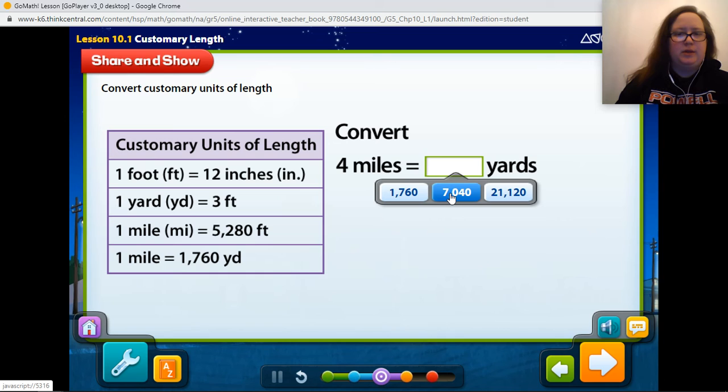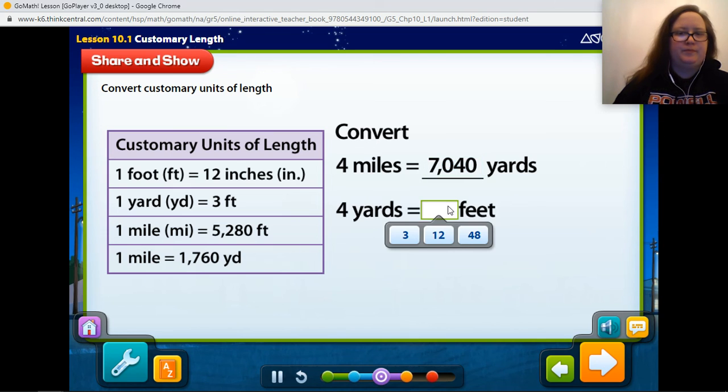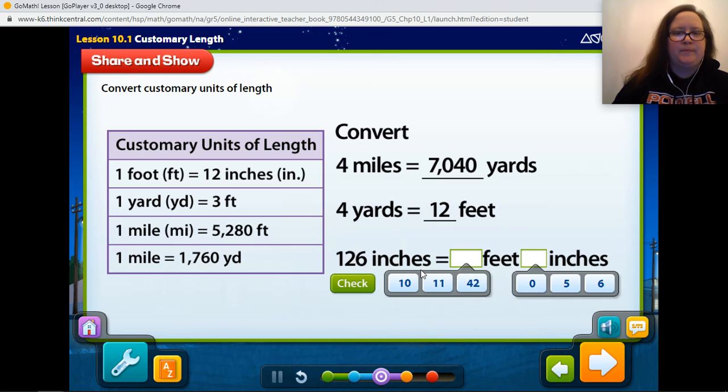So it's going to be 7,040. Great job! 4 miles is equal to 7,040 yards. Now, how many feet are in 4 yards? Well, there are 3 feet in 1 yard, so 3 times 4 is 12. That's right. 4 yards is equal to 12 feet.